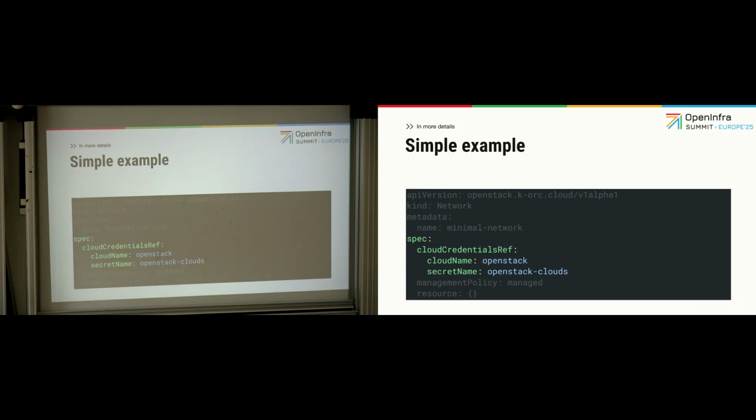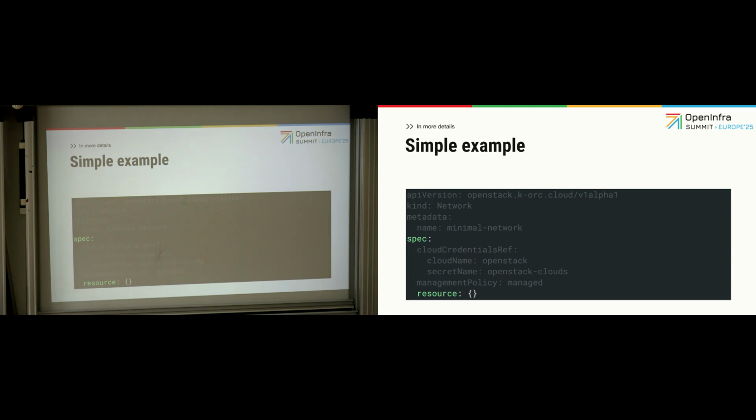Here, this is a reference to the OpenStack credentials. These are stored in a Kubernetes secret. Here, the secret is named openstack-cloud, and it references a clouds.yaml entry named openstack. All objects in ORC have these cloud credentials. This is a managed object, meaning that ORC is going to create the object if it's not there already.